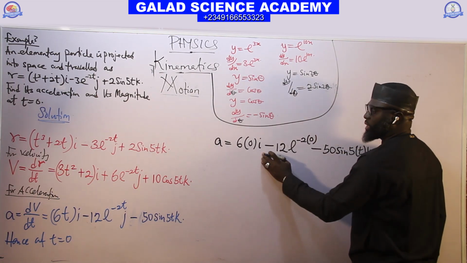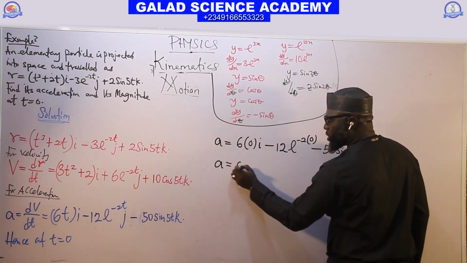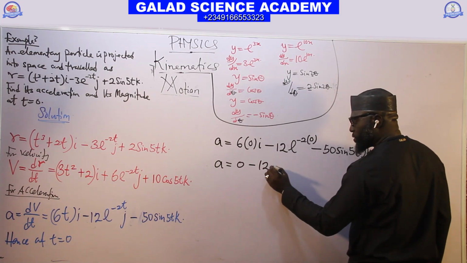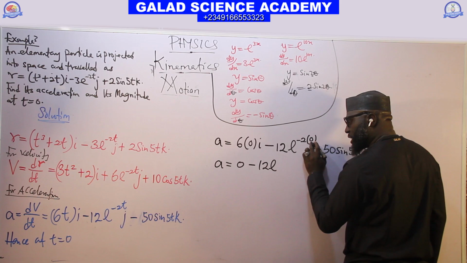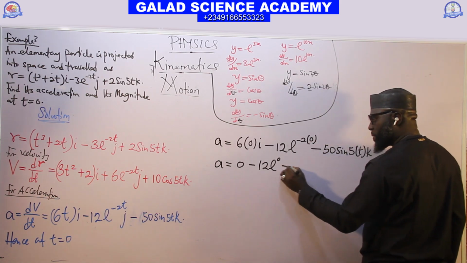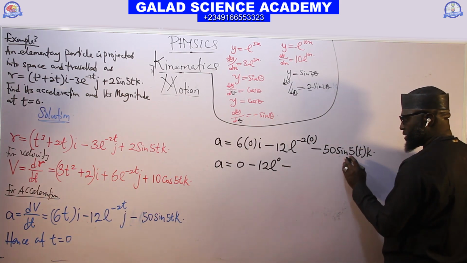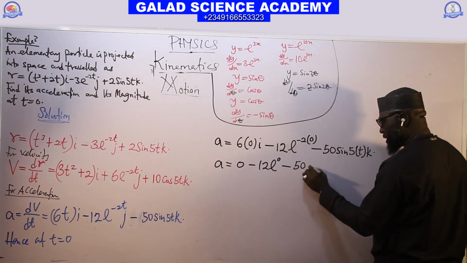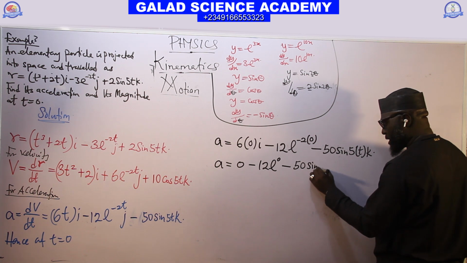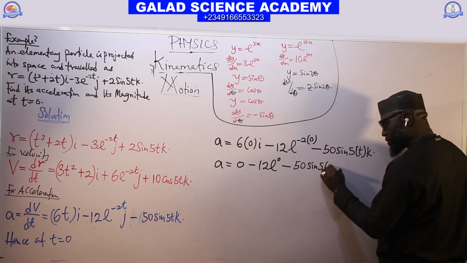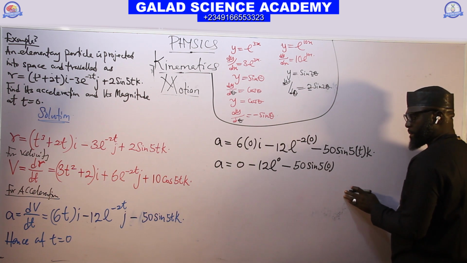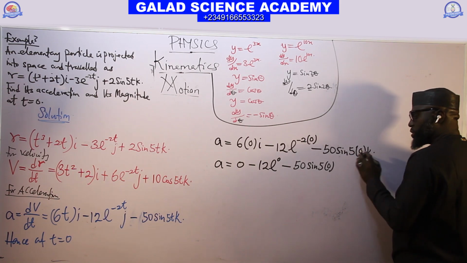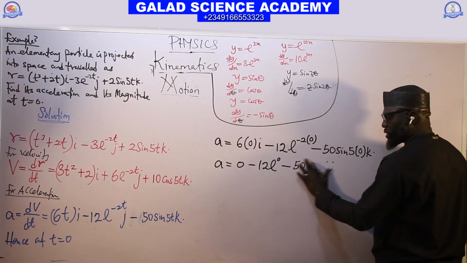So 6 times 0 is 0. And here we have minus 12 e, 2 times this is 0, this power is 0. And 50 sine 5 times 0 is 0. So everything here will give us 0.